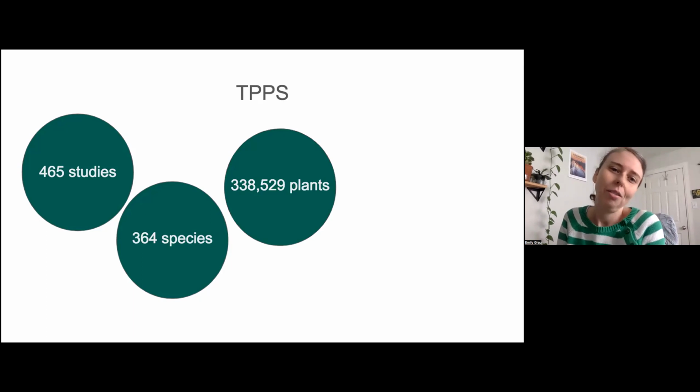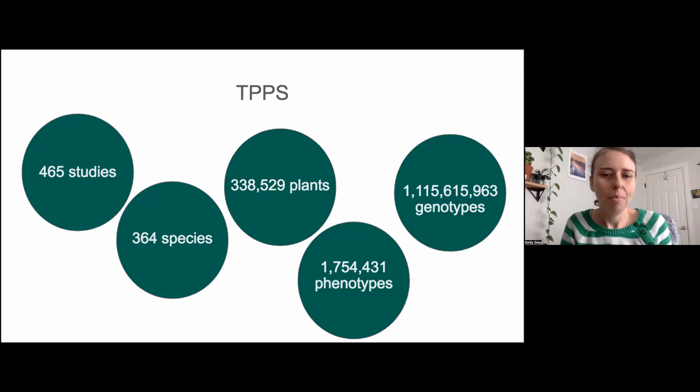There's 300,000 plants, and they represent over 1.5 million phenotypes and over 1 billion genotypes. I started, I don't know, maybe 10 years ago, Jill. And the amount of data that has come in since then, and the work we've been able to do on CartograPlant to connect this all, is just really incredible.